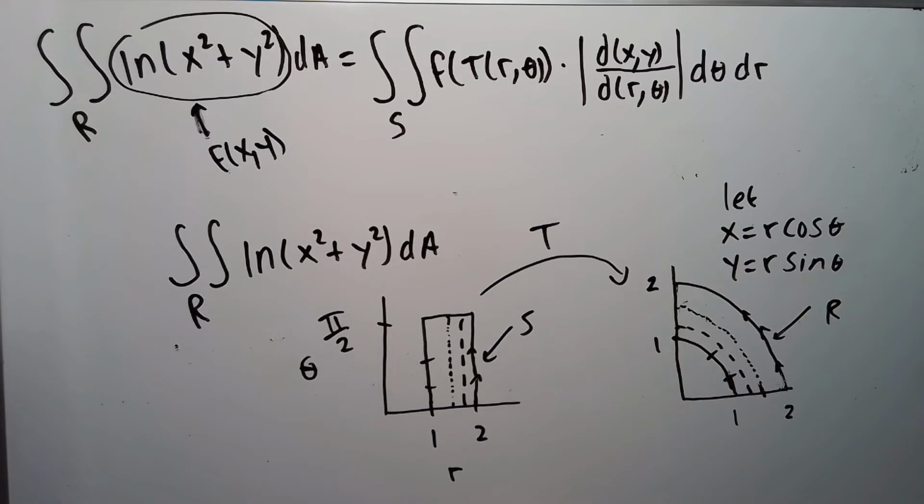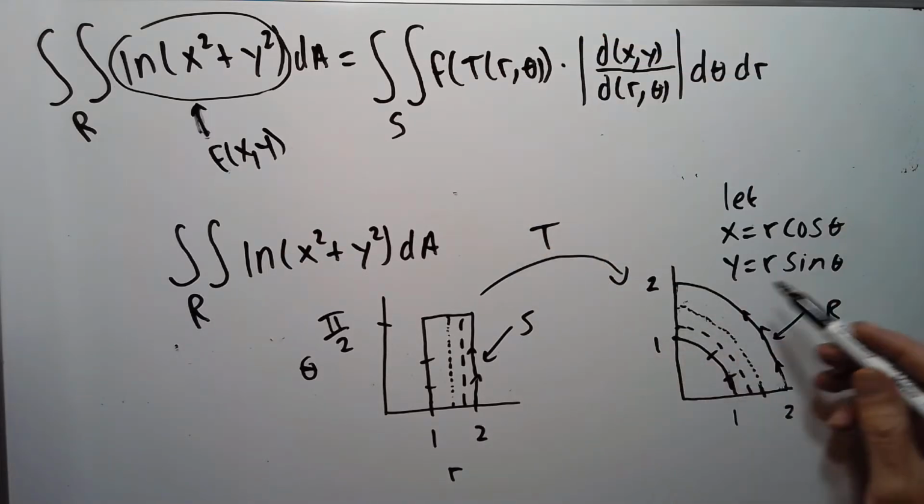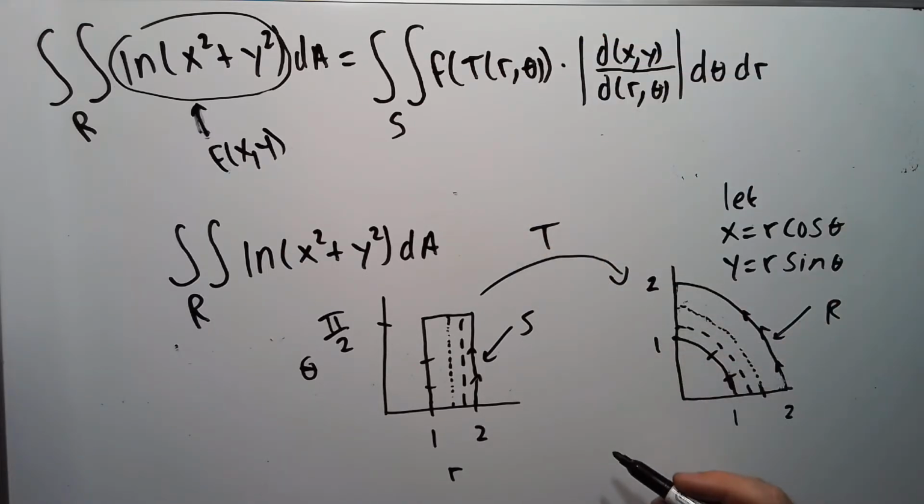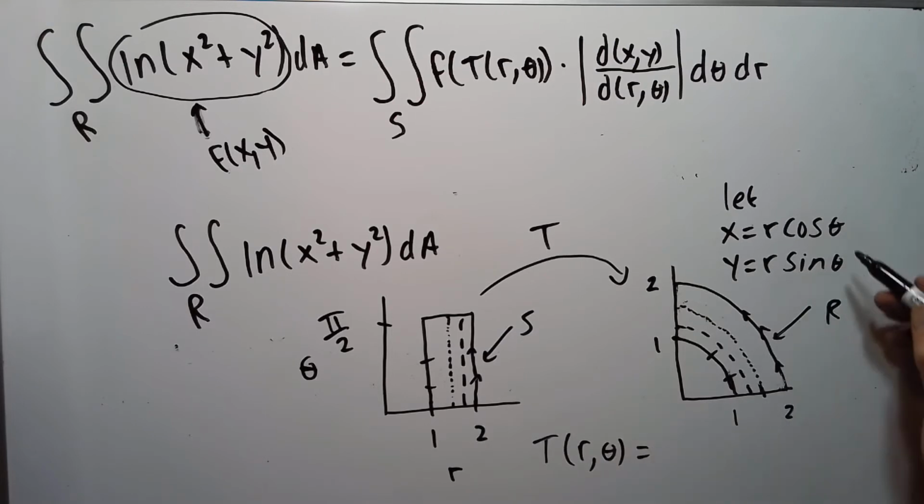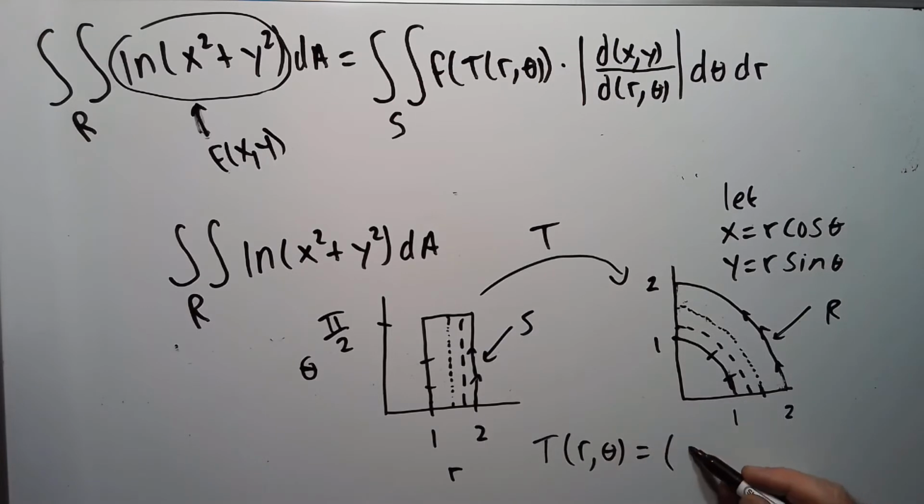Okay, so we need to find our T mapping, but we actually have it here already. So let me write it right here. So our T mapping, T of r, theta, just goes to our x, y, so it's going to be r cosine theta, r sine theta.